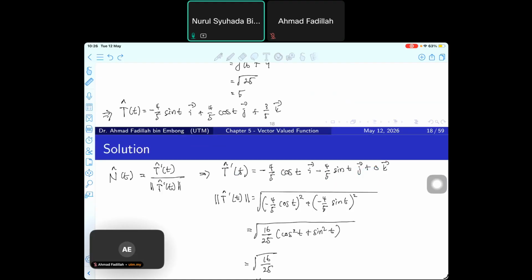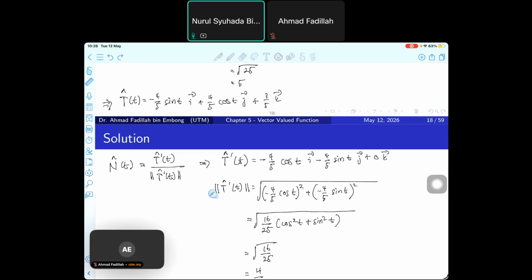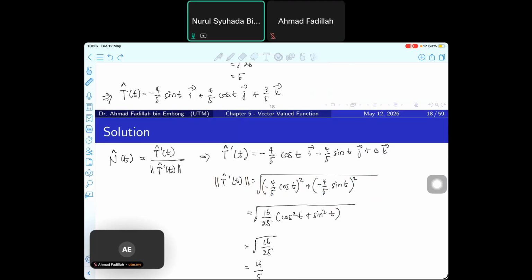After differentiating this, we are going to find the corresponding value of the norm. As usual, take the square root and square each of the components. So the ith component, the jth component, and of course the kth component, which is equal to 0, but no need to write it because 0 squared is equal to 0.